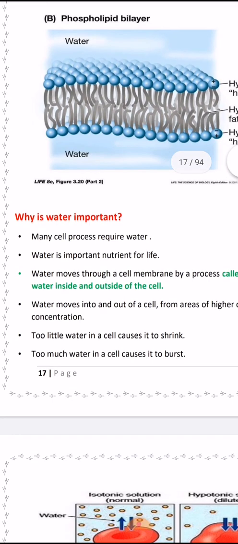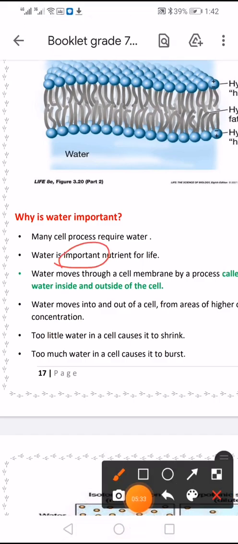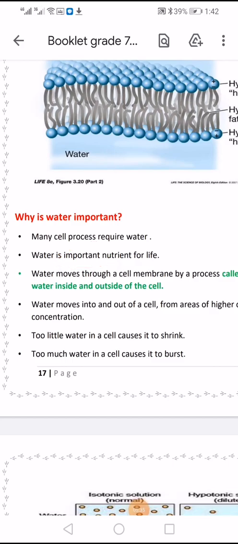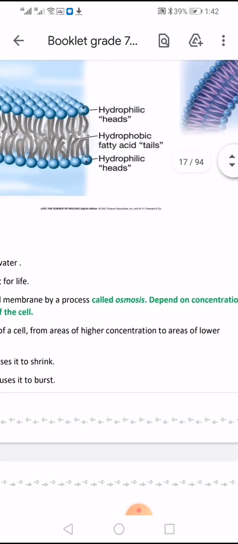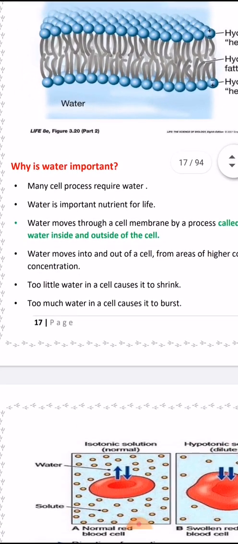Why is water important? Many cell processes require water. Any cell requires water, so water is very important. Water is an important nutrient for life. Water moves through a cell membrane by a process called osmosis, which depends on the concentration of water inside and outside the cell.